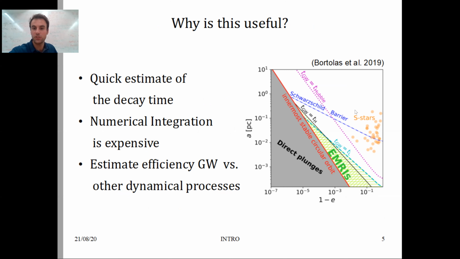On the right here, you see a very typical plot where this timescale of gravitational wave induced decay is equated with other important timescales, and then some lines are drawn in phase space. Remember, in these types of plots, it's always semi-major axis on the left and one minus eccentricity below. To compute these lines, you just take the Peters timescale and equate it with another timescale.